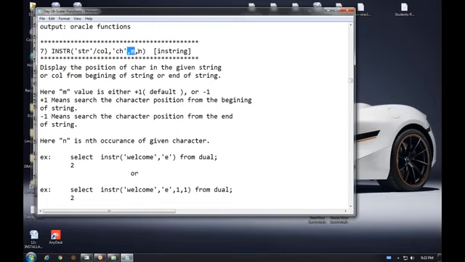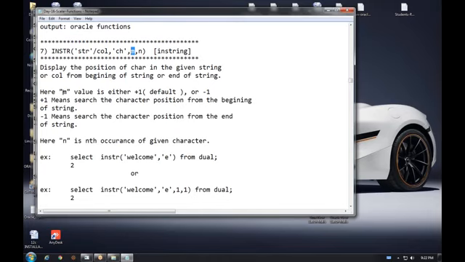See, it will find out the position of the given character, either from the beginning of the string or from the end of the string. Here M indicates either from beginning or ending.